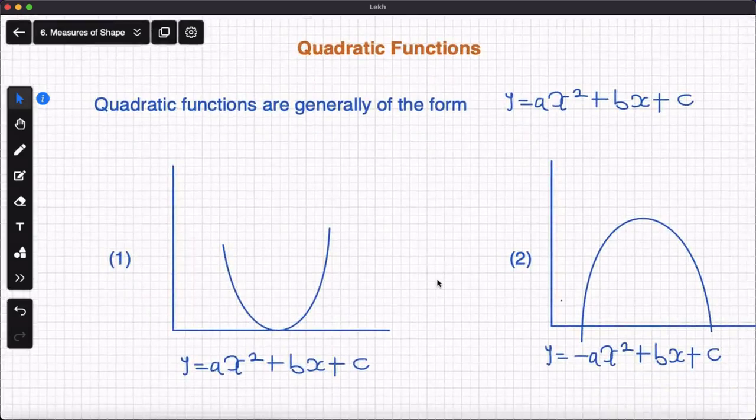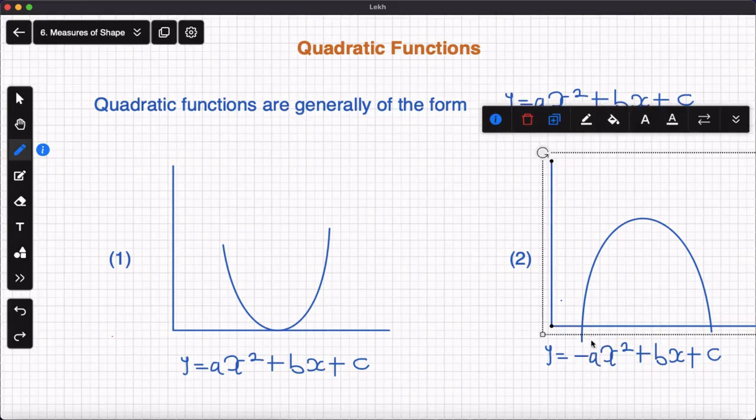In a quadratic function, the coefficient of x squared can be positive or negative. If it is positive, the curve opens upward, like you can see here.